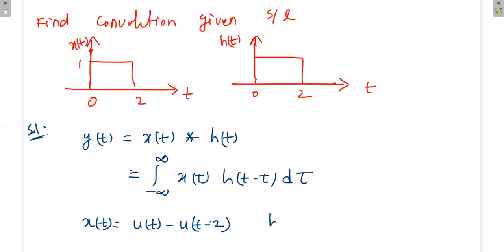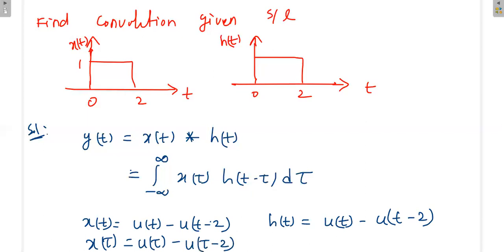Then h of t is also the same, u of t minus u of t minus 2. Now we need x of tau, which is u of tau minus u of tau minus 2. What is h of t minus tau?